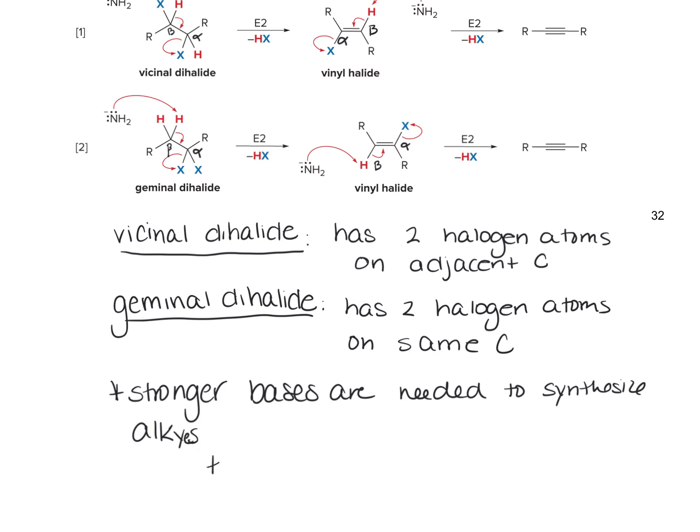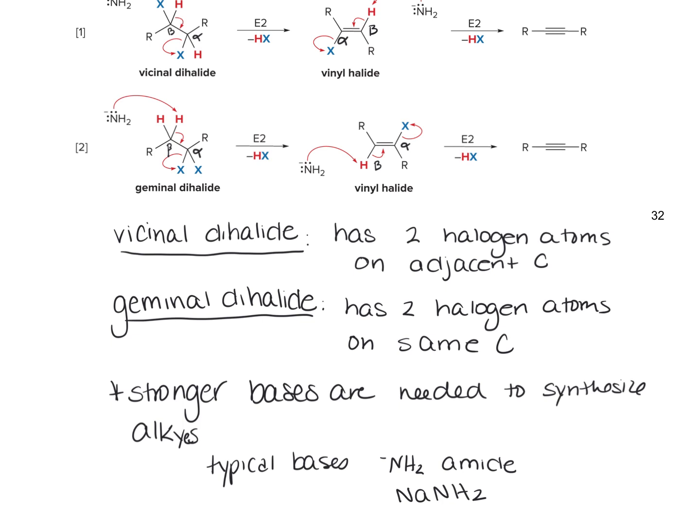So typical bases are things like an amide, so for example, NaNH2 right there. Now, do not confuse this with the amide functional group, right? This is sodium amide. It is different than an amide functional group. So just FYI, don't confuse that.